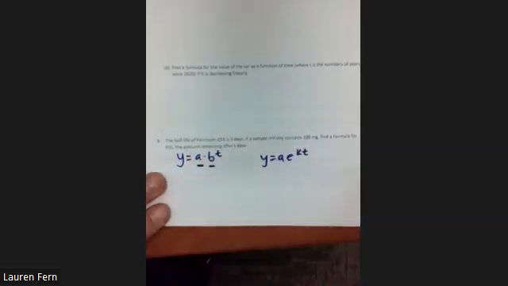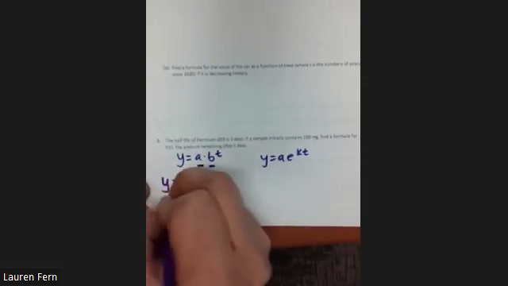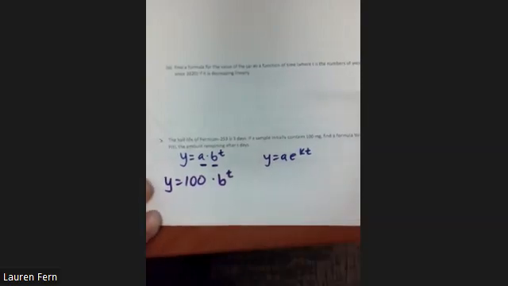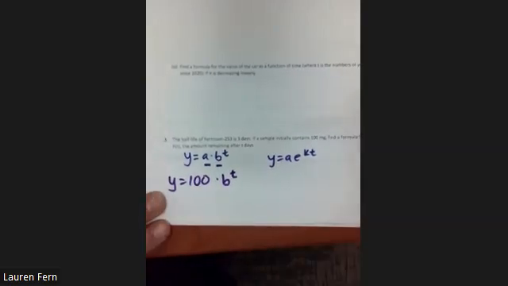Okay, well, in order to find this equation, we need to know what A and B are. I claim we're given A. What is our value of A? 100, good. We're given that it initially contains 100 milligrams. Okay, so we can start out right there.